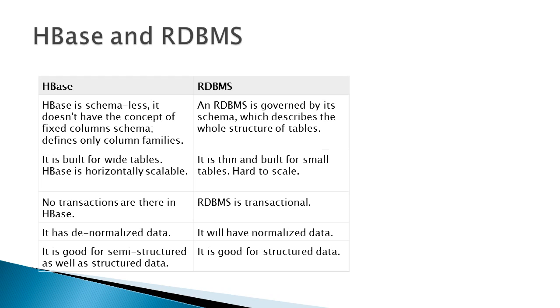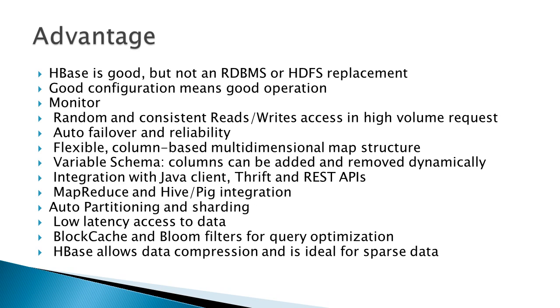HBase has denormalized data, whereas in RDBMS there is normalized data, where we can avoid redundancy and other things in the form of normal forms. In HBase we have semi-structured as well as structured data, whereas in RDBMS we only process structured data.